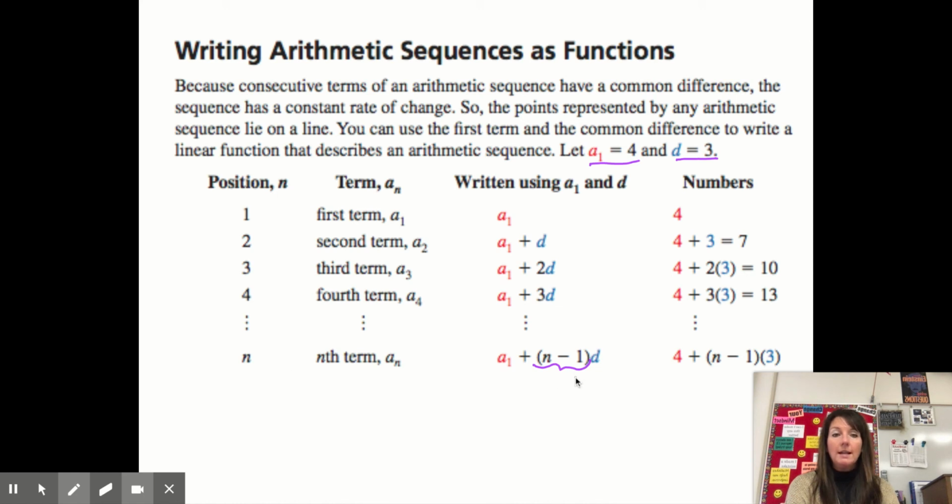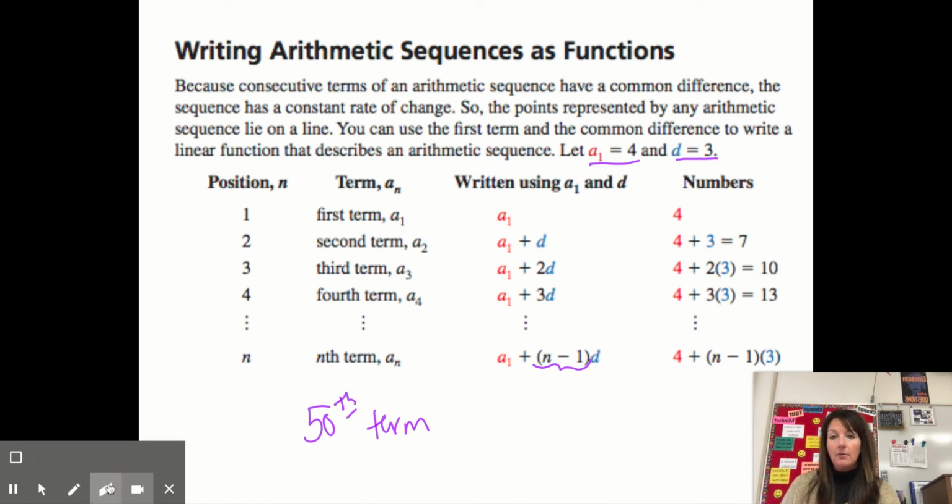The reason we're writing this function is so that if I said, give me the 50th term, well, I guess technically we could make a list all the way out to 50, but it would be so much easier if we could write this in a function like this or with the numbers and then just plug in the 50 for n because that's the term. So that's what we're going to be doing now.